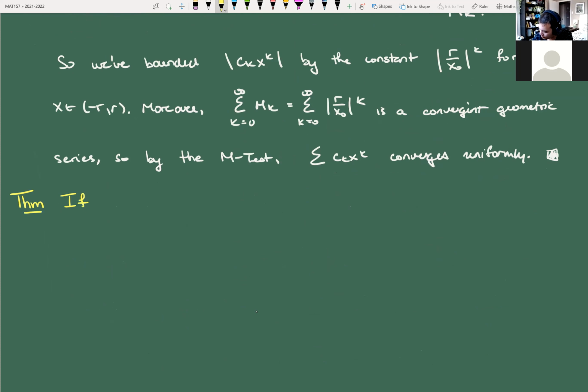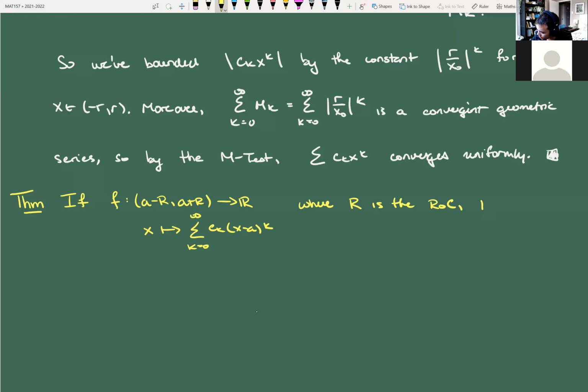So if we define this function, f(x) equal to the sum of c_k times (x minus a) to the k, where R is the radius of convergence, then f is continuous.